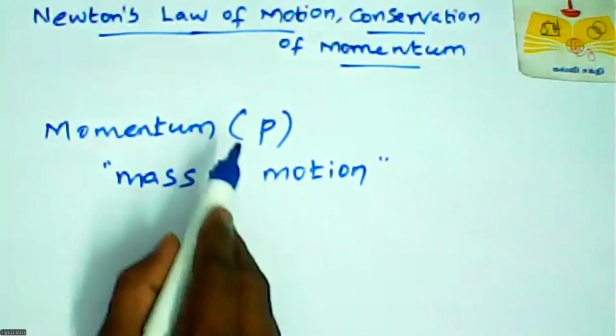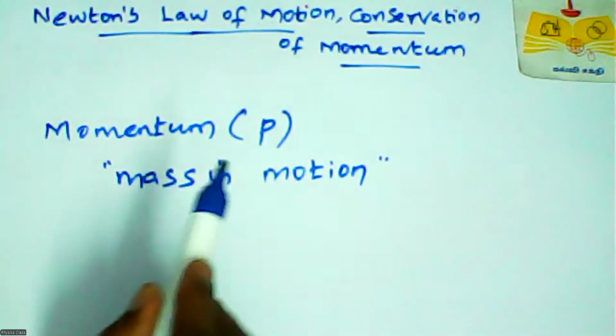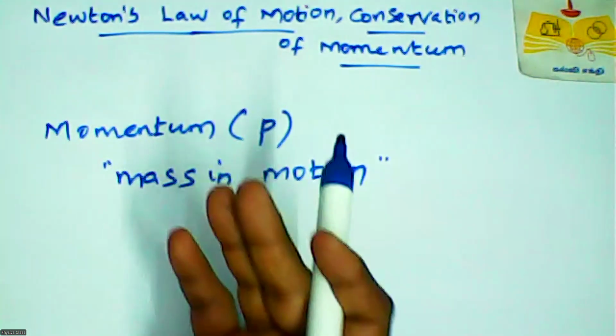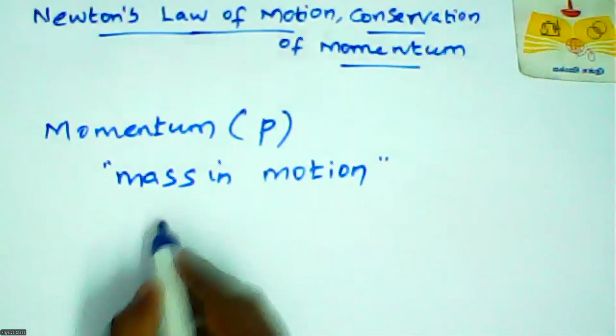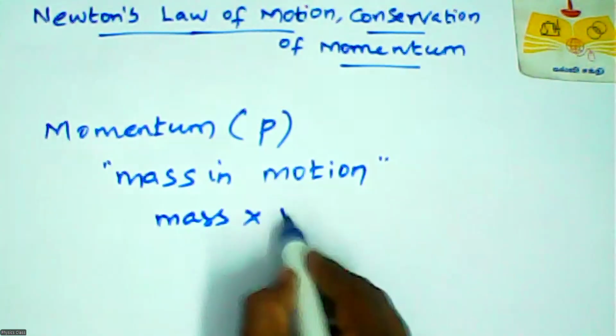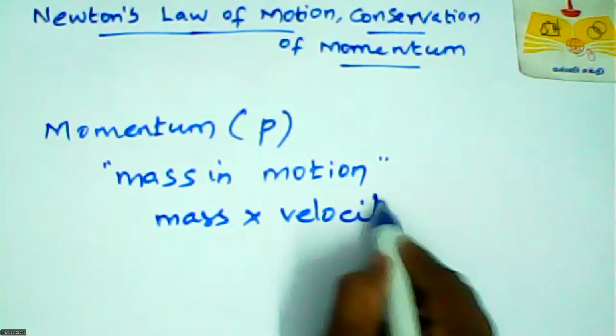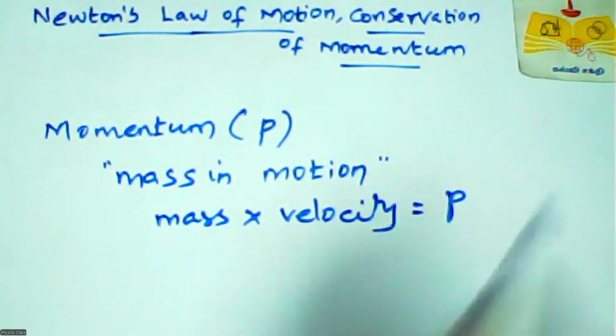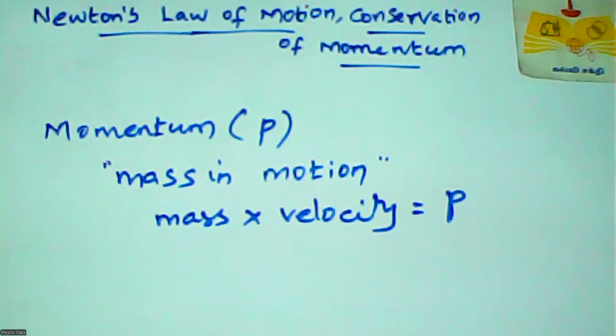It is calculated by multiplying an object's mass by its velocity. Mass into velocity gives the momentum of that object. This is clear. So momentum is nothing but mass in motion. We can calculate the momentum of an object by multiplying its mass by its velocity, and so we will get the momentum of that object.